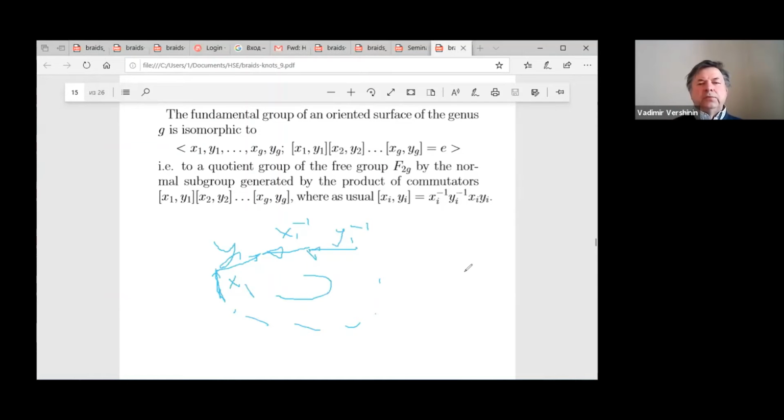So how can you prove and identify what will be the fundamental group of a surface of genus g with one boundary component?